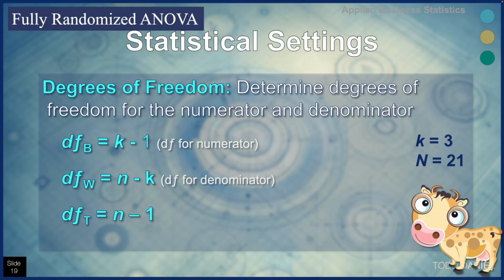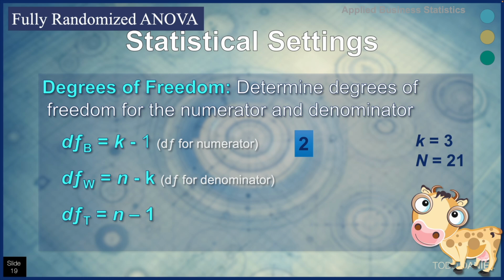The degrees of freedom will depend upon between, within, and total. The degrees of freedom between is k minus 1. That's the number of groups minus 1, or the number of coffee bean types minus 1. We have 3 types of coffee beans. The degrees of freedom between is 2.